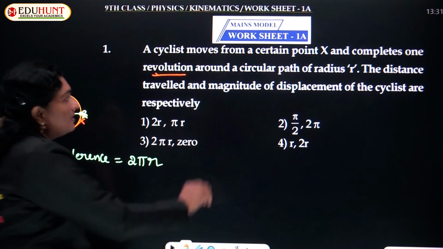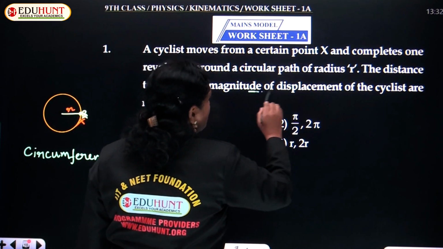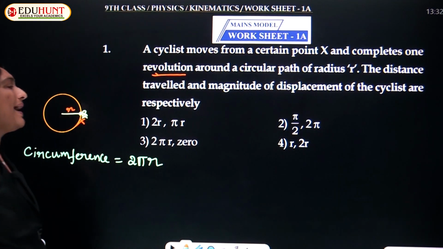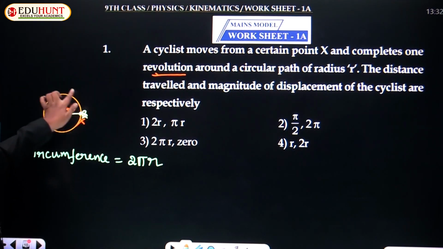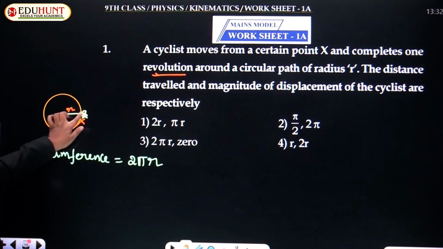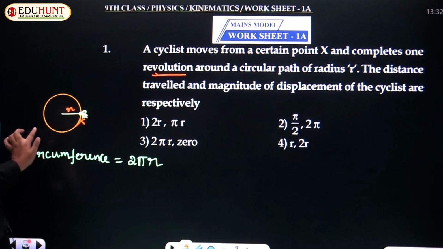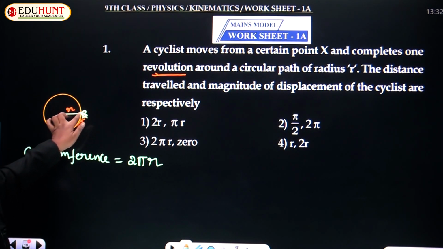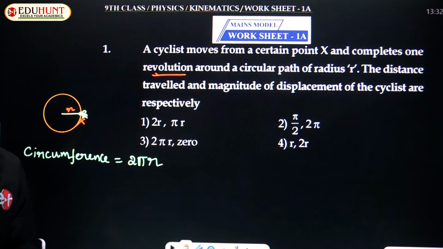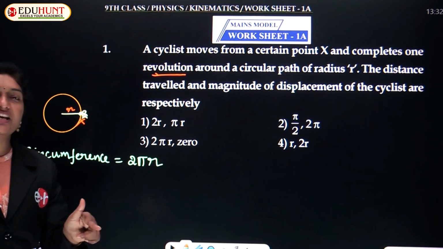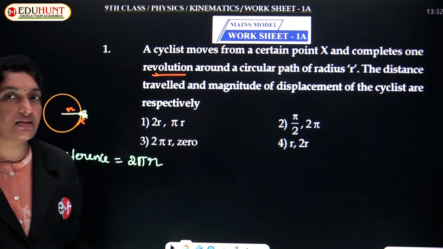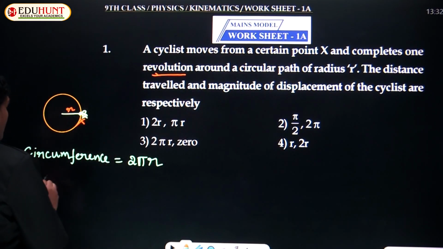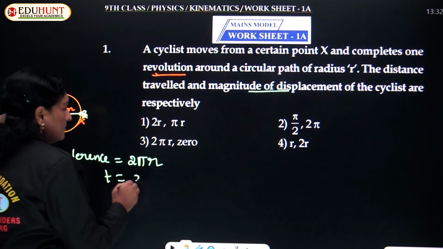What else was asked? The magnitude of the displacement. So displacement magnitude means, he started his journey here, and the initial position is this X. Even after completing one revolution, he comes back to the same position X. So both initial as well as final position remain the same. Then what must be the displacement? Displacement of the body is 0.